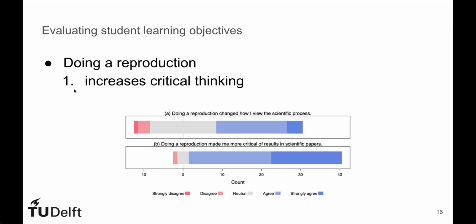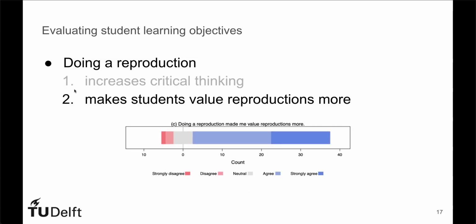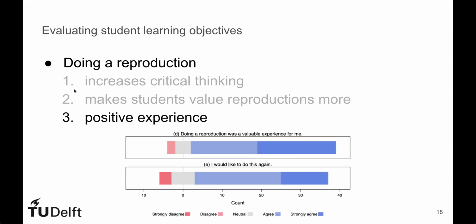Let's have a look at the results briefly. Students say that doing a reproduction increases critical thinking. They also say doing a reproduction makes them value reproductions more. They gained positive experience from the project.